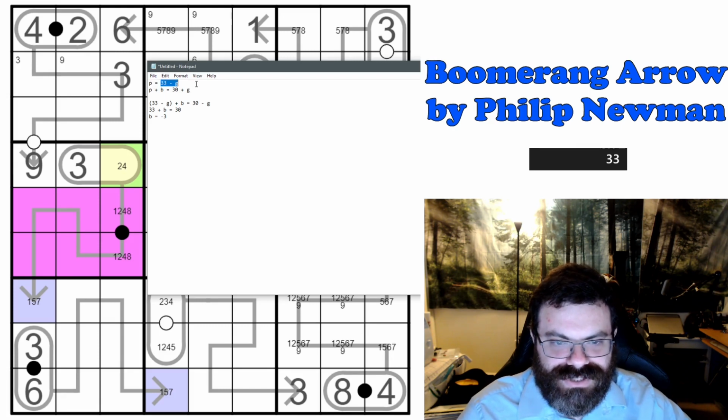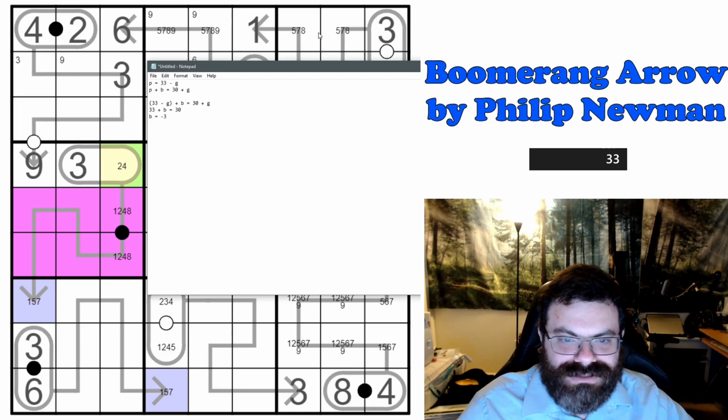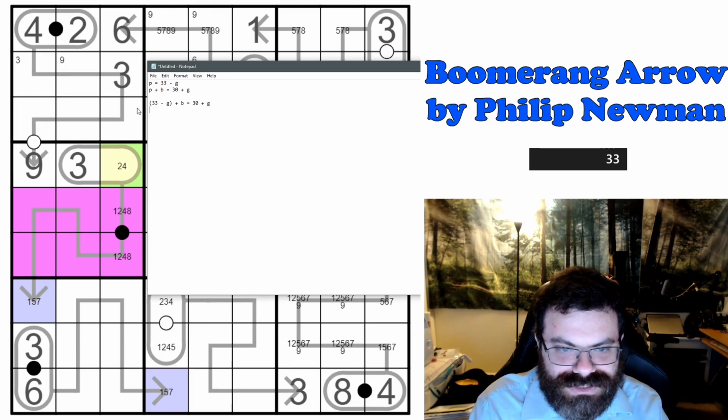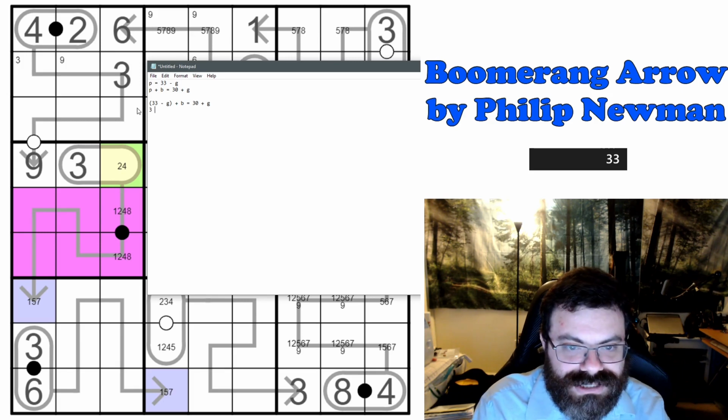So if purple is 33 minus green, then 33 minus green plus blue, I transcribed it wrong. That's 30 plus green. So greens do not cancel, so that makes a lot more sense. So I can subtract 30 from both sides and add green to both sides to get 3 plus blue equals 2 green.